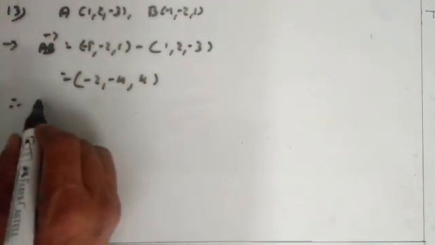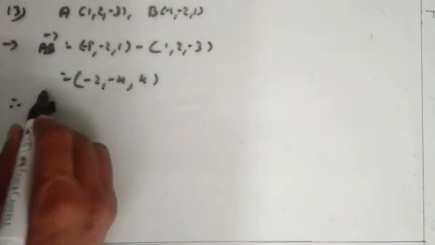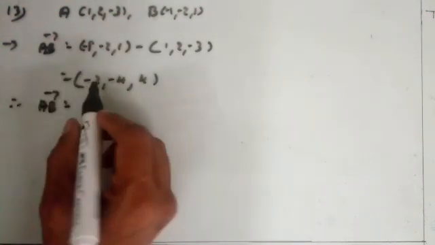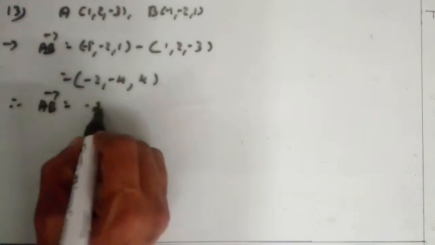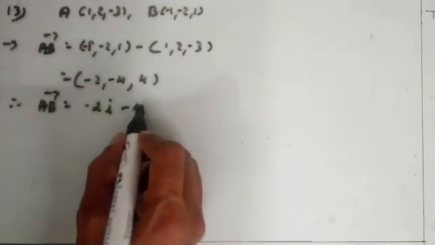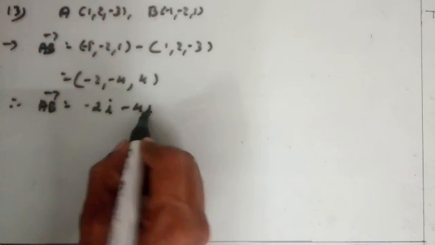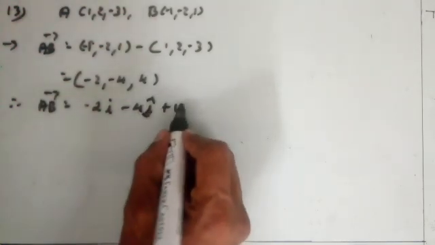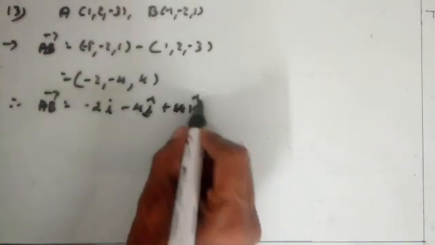Therefore, vector AB in component form is -2i - 4j + 4k. Clear?